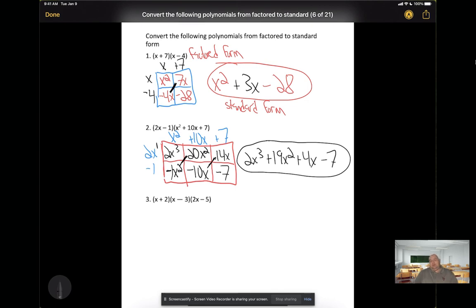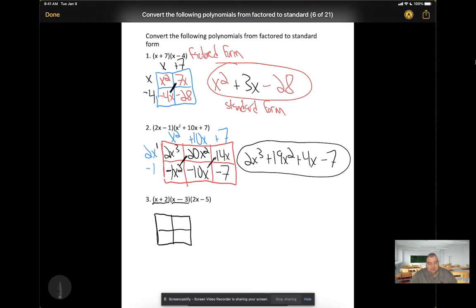Number 3 is a little different because notice this time I have 3 factors here. So unfortunately, there isn't a way to multiply 3 factors out at once. So the only way we could actually do number 3 is to multiply any 2 of them together and then take that answer and multiply it by the third one. So what I'm going to do is I'm going to take the first 2 factors and I'm going to multiply those out using the box method.